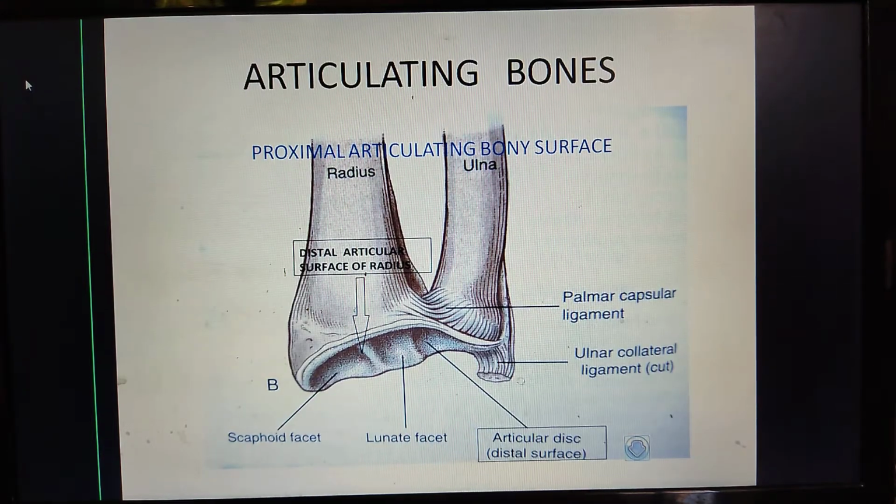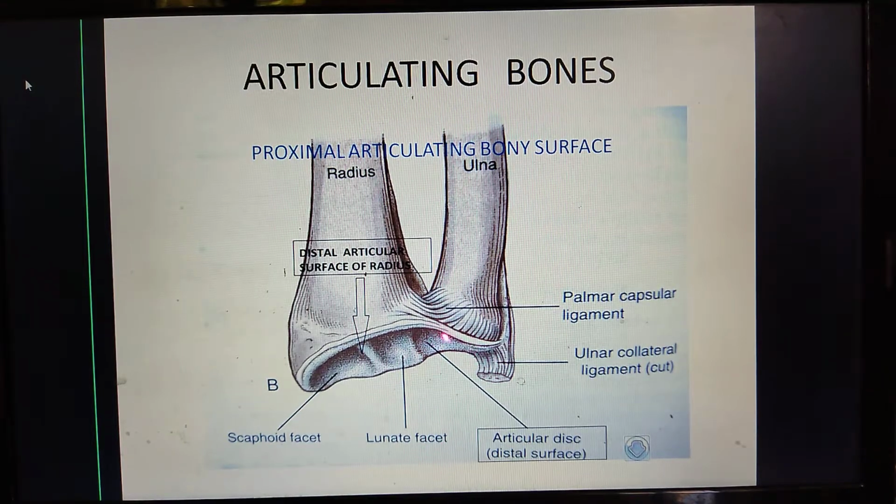Now coming to the articulating bony surfaces, the proximal articulating bony surface is formed by the distal articular surface of the lower end of the radius. So this is the radius, the lower end, and this is the distal articular surface of the lower end of the radius, and also by the articular disc.